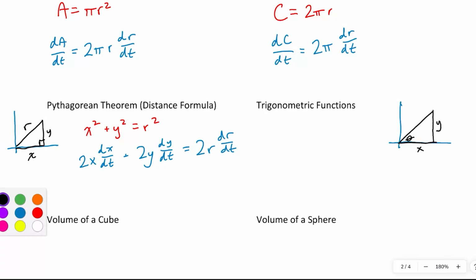I think it might be easier to just write out the actual formula, like f of x equals or y equals. So let's say we want to do y equals sine theta.